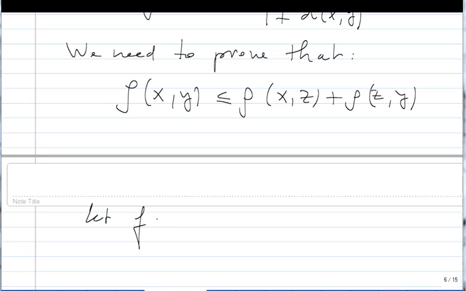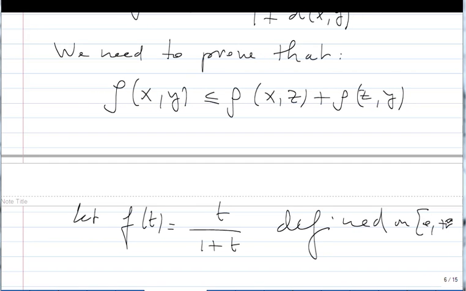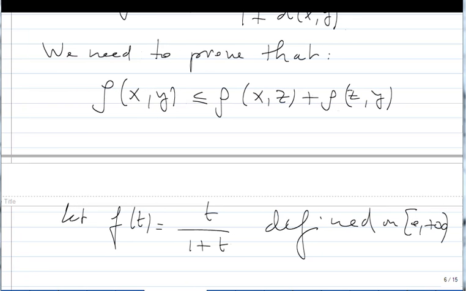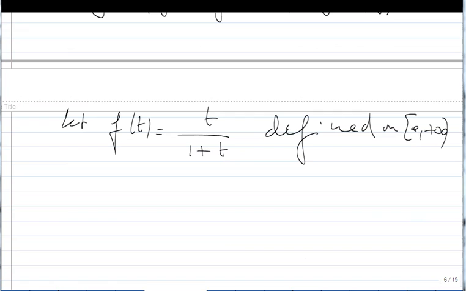And one more property, which is amazing, is that f is subadditive, meaning that f of a plus b is less than or equal to f of a plus f of b. Okay? And to convince you of this property, let us prove it. Let a and b be positive numbers.